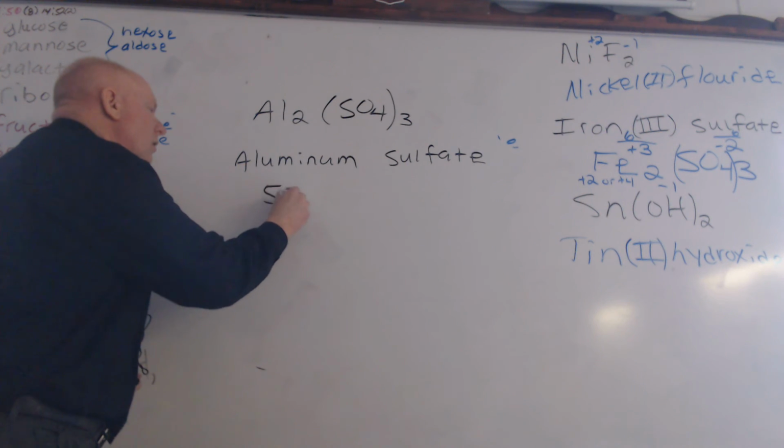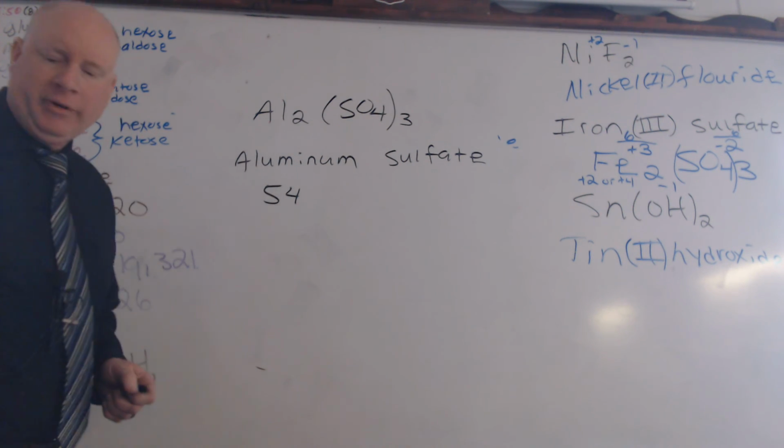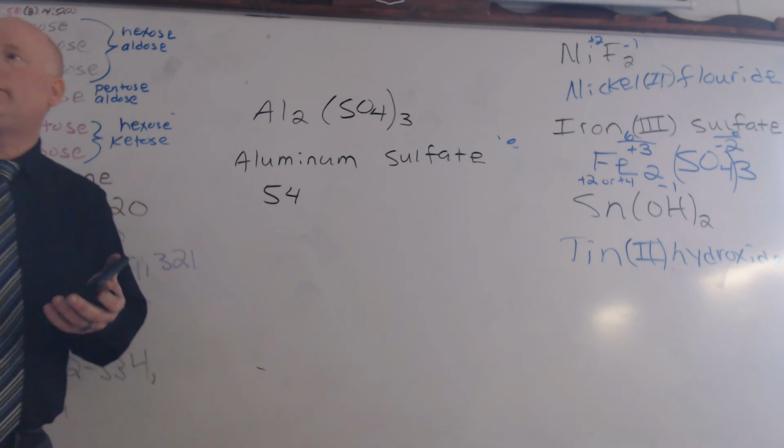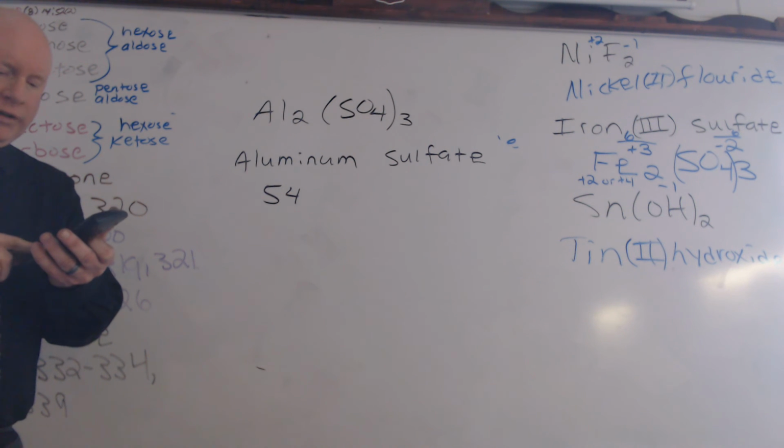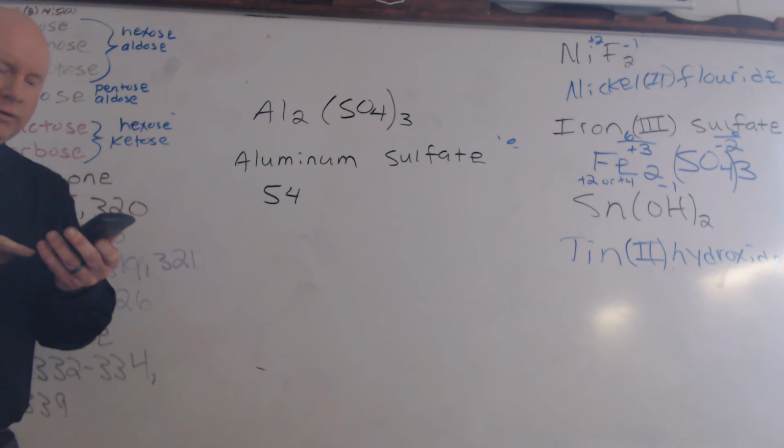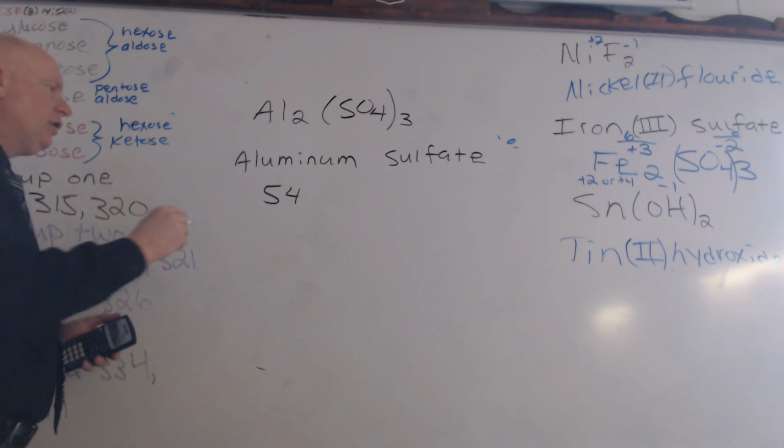And how many sulfurs do you have? 3. Okay, so 32.07 times 3. It's 32.066, so 96.21.